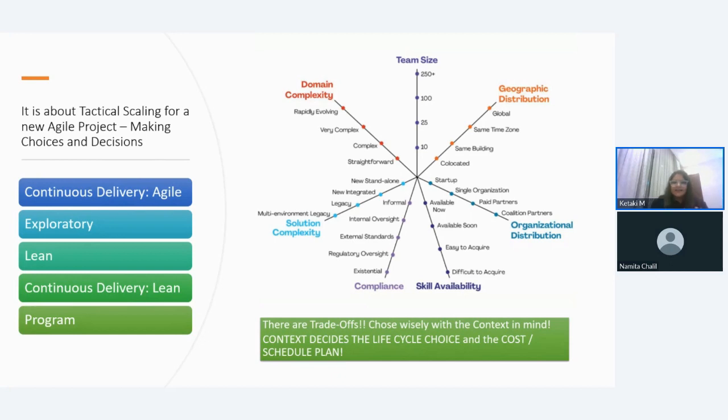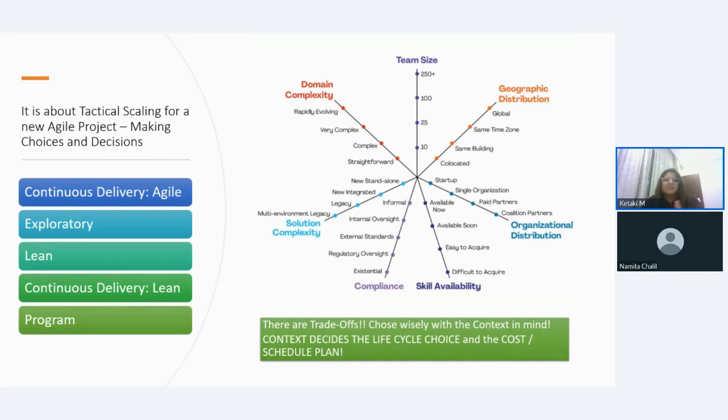The context essentially comes from all these tactical scaling factors that are put up in the diagram here on the right-hand side. It is about domain complexity. It is about team size. It is about geographical distribution. It is about organizational distribution, skills availability, compliance, the complexity of the project that you have taken up to deliver, right? So all these choices have trade-offs, right?